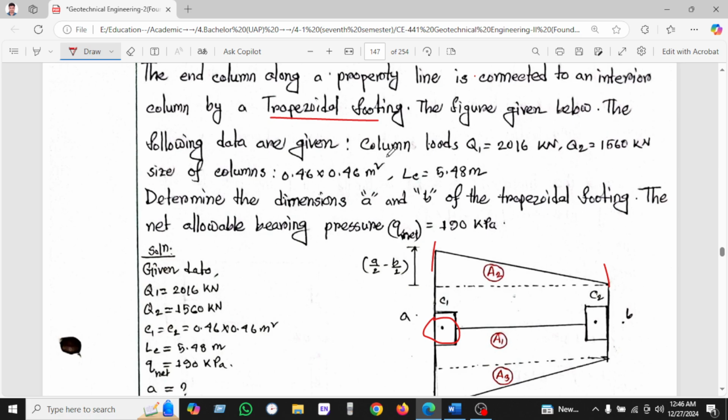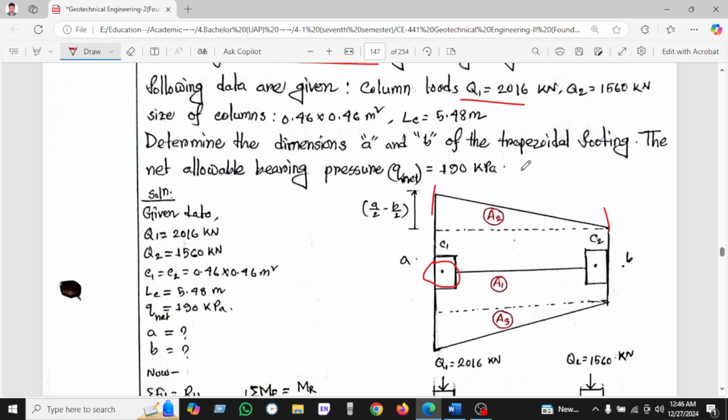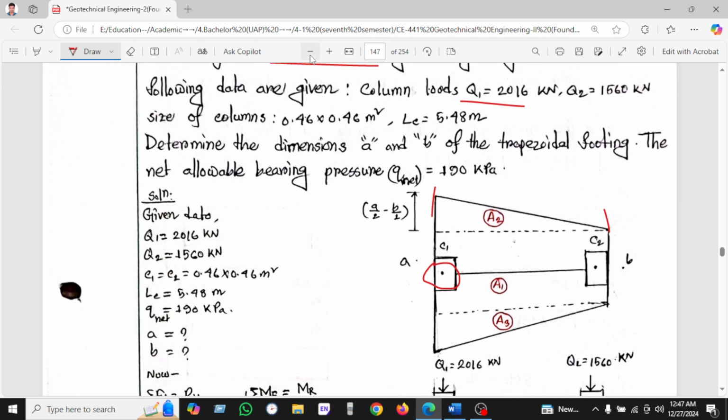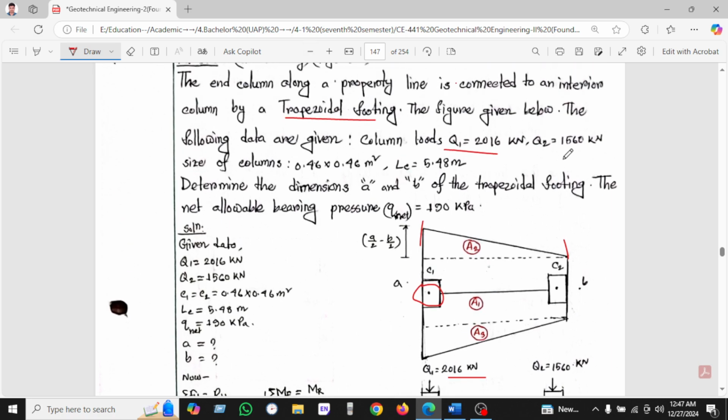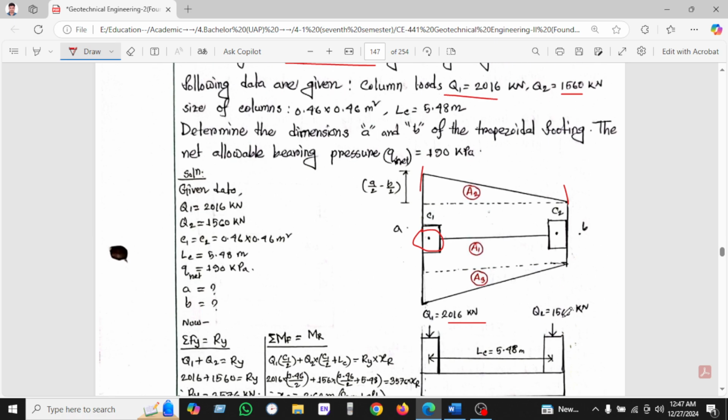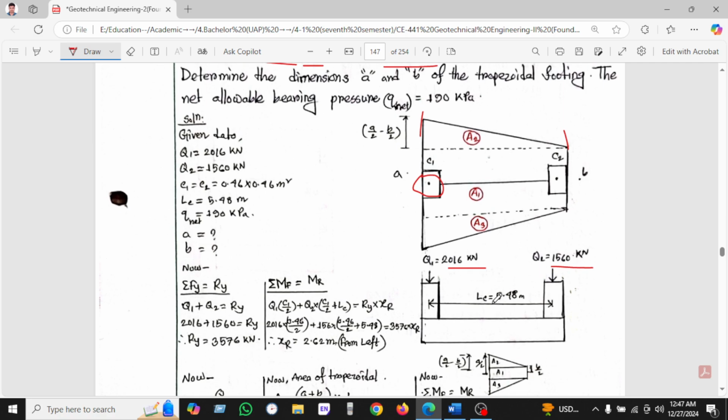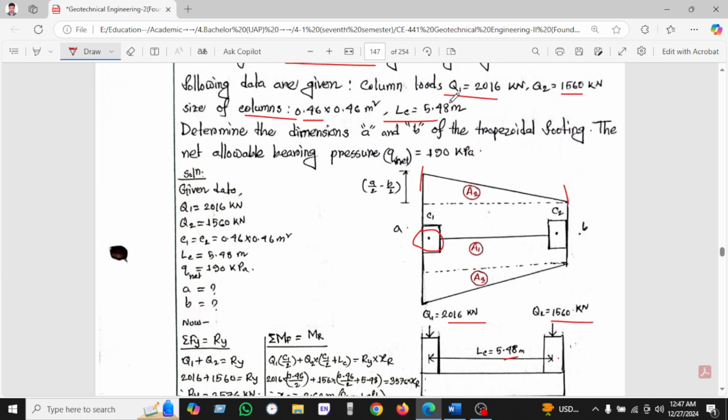The following data are given. Column Q1 is 2016, and Q2 is 560, and the size of the columns is 0.46 by 0.46 meter square, and LC is the clear length, the distance between columns, which is 5.4 meter.